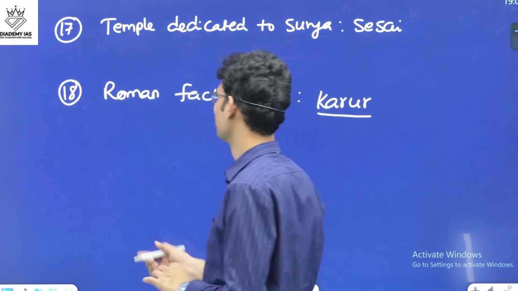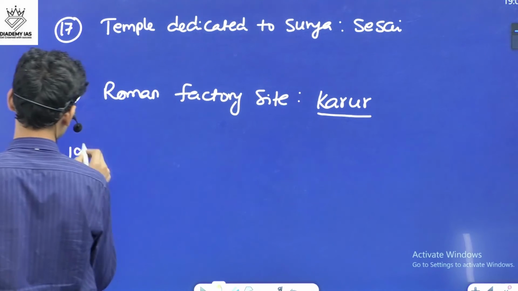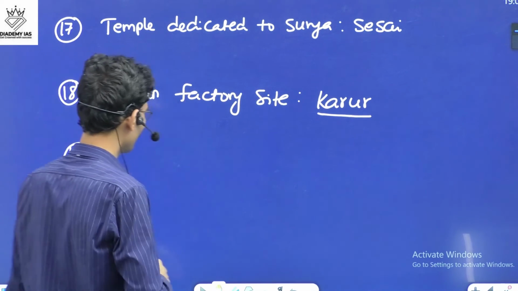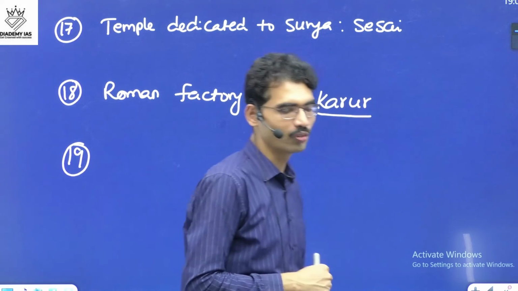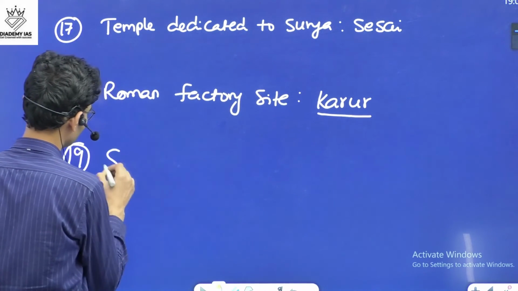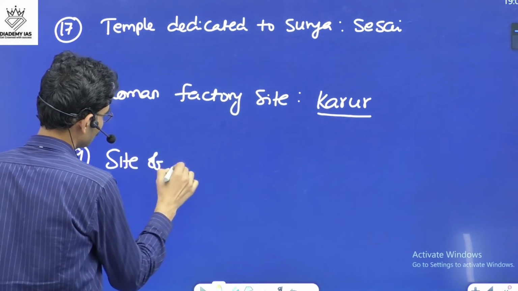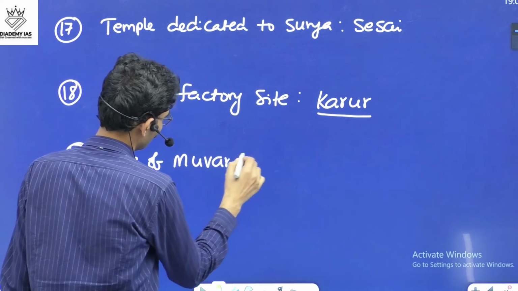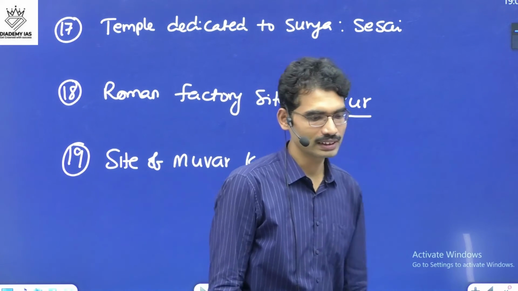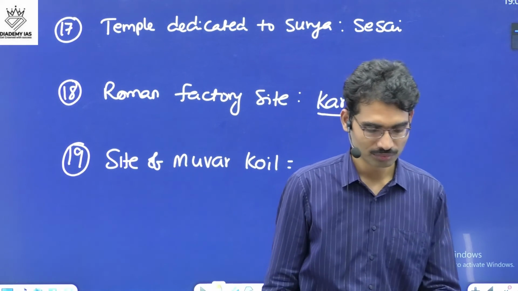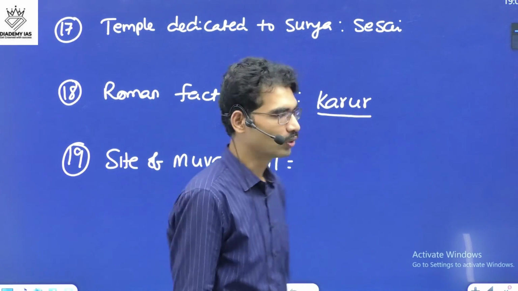19th one, site of Mover Koil. This means it is a temple of 3. Kodumbalur.